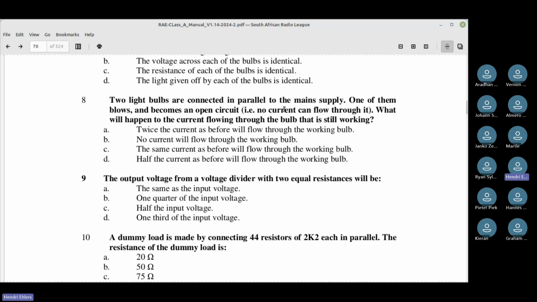Now, open circuit means that the circuit in that half of the parallel circuit is broken. Then they ask, what will happen to the current flowing through the bulb that is still working? Now, in that part of the circuit, nothing will happen to the bulb because it was connected in parallel and it will just carry on as normal.